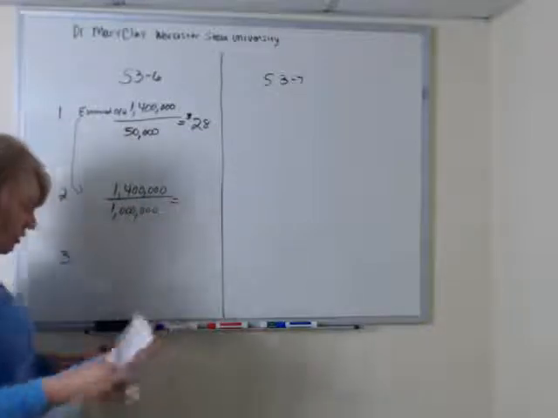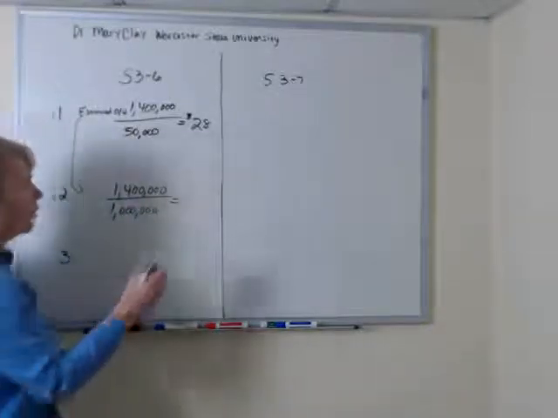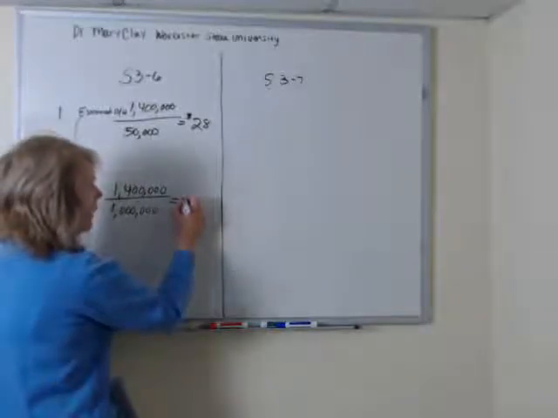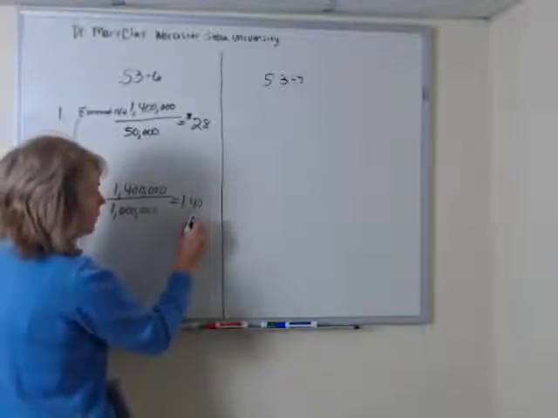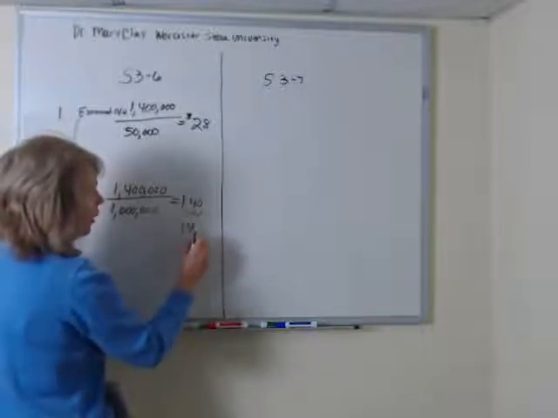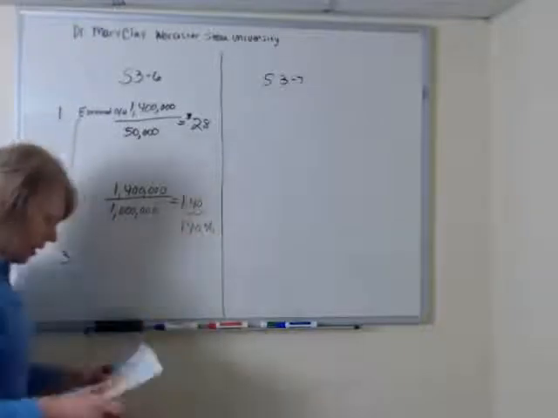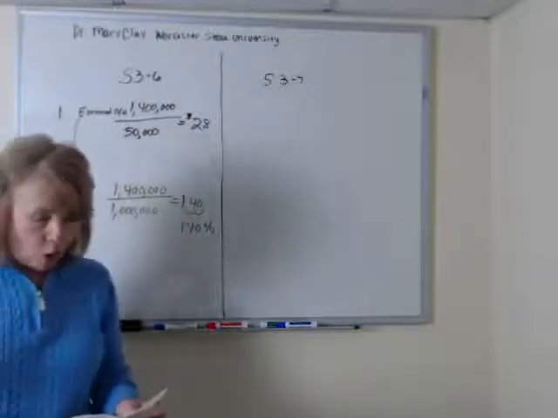And again, I just divide it out. Now this one, initially, you're going to get a decimal, 1.40. Convert it to a percent, move it 2 places to the right, so 140% is your overhead rate.